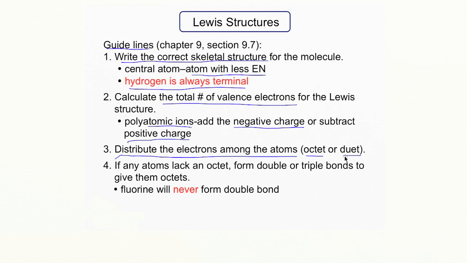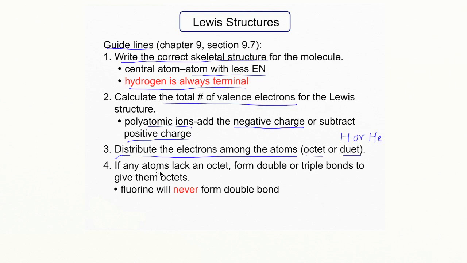Duet rule means the atom will get 2 electrons. Remember, the duet rule is only for hydrogen or helium. Because these two elements are so small, they only have space for a maximum of 2 electrons. So the other elements, most likely, are going to follow the octet rule.